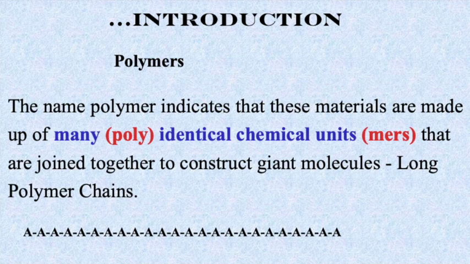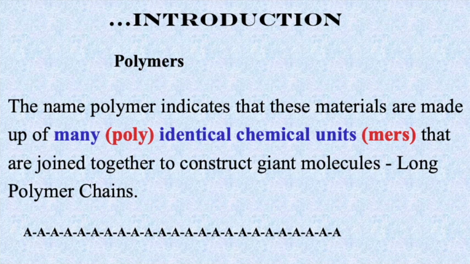So now diving into the polymers. Polymers indicate that the materials are made up of many identical repeating units. When you split up the word polymer, poly meaning many, and the mers refers to repeating units, identical repeating units.